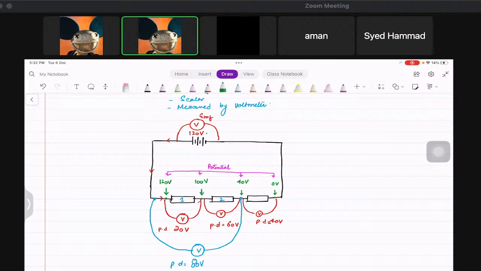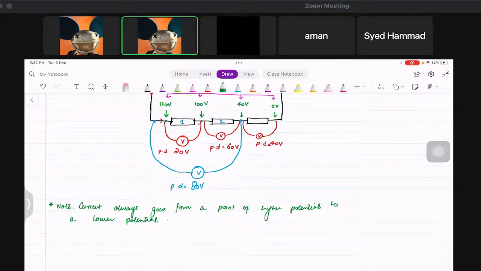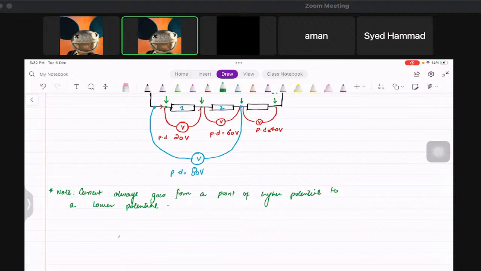What I mean by this is that suppose that there is a resistor. On one side of the resistor, the potential is positive 500 volts, and here it is 0 volts. Because positive 500 is greater than 0, the current would go like this.